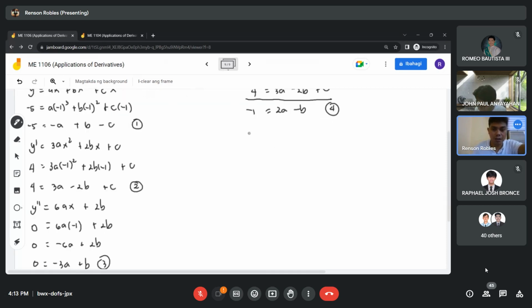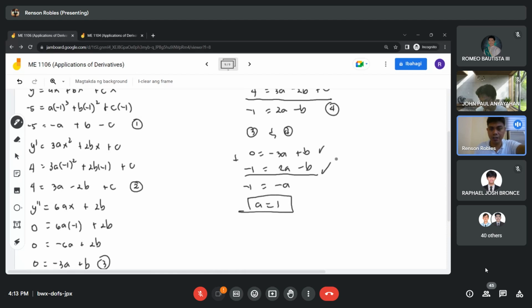So using equations 3 and 4, you have 0 equals -3a plus b, and -1 equals 2a minus b. You can add these to eliminate b. -1 equals -a. Therefore a equals 1.